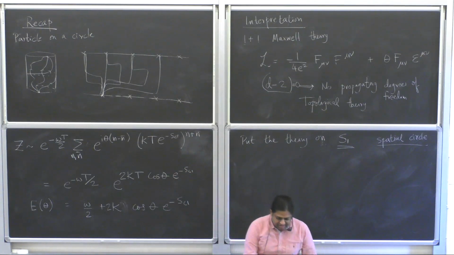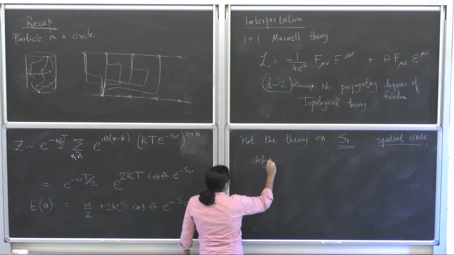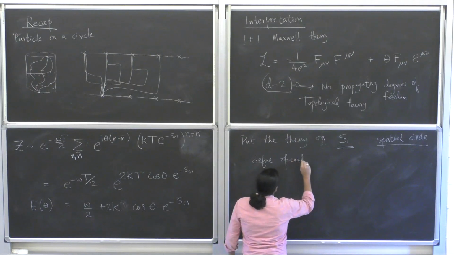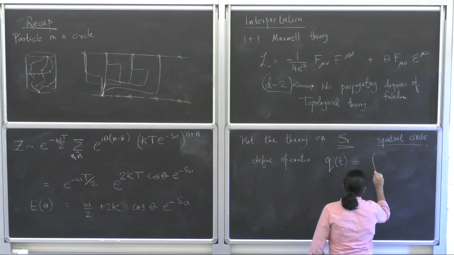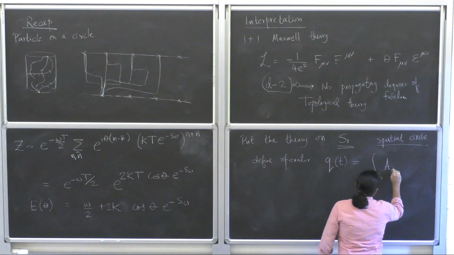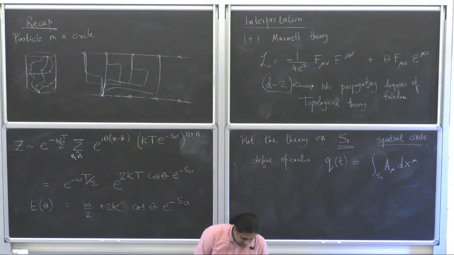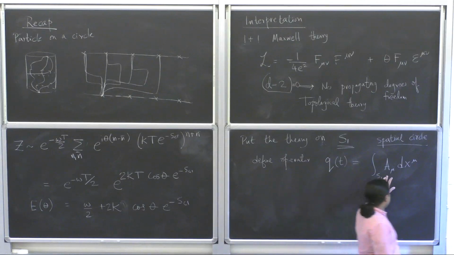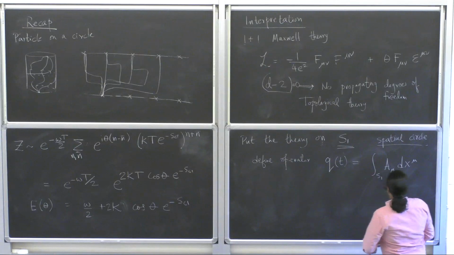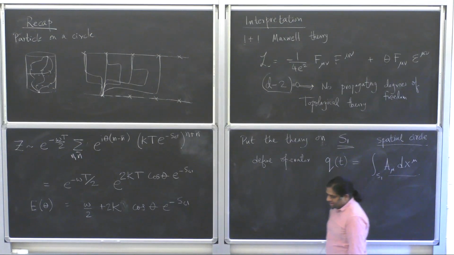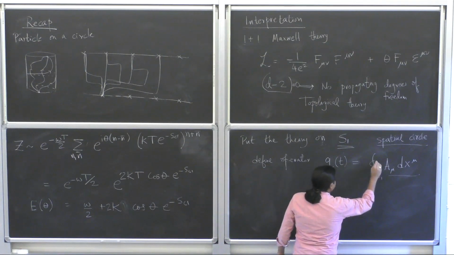Okay, but on this spatial circle, we can define an operator Q, which is this loop operator, the integration of A mu around this spatial circle S1. So this is now a quantum operator Q, defined as integrating our gauge field around the circle. Sometimes you draw a circle like this.